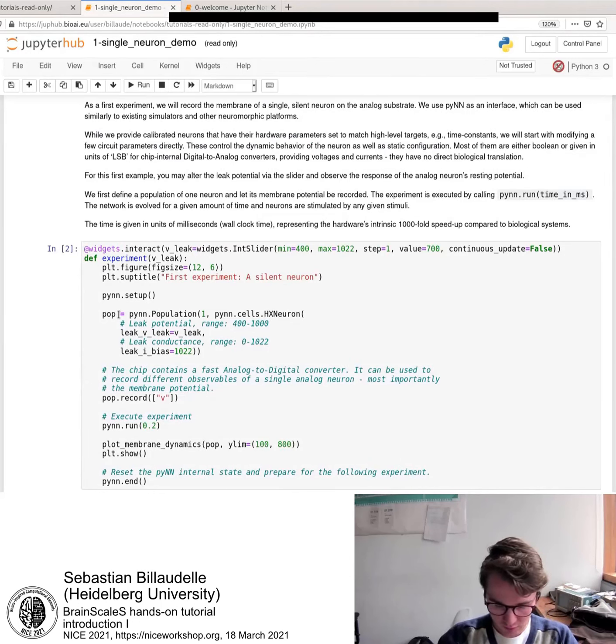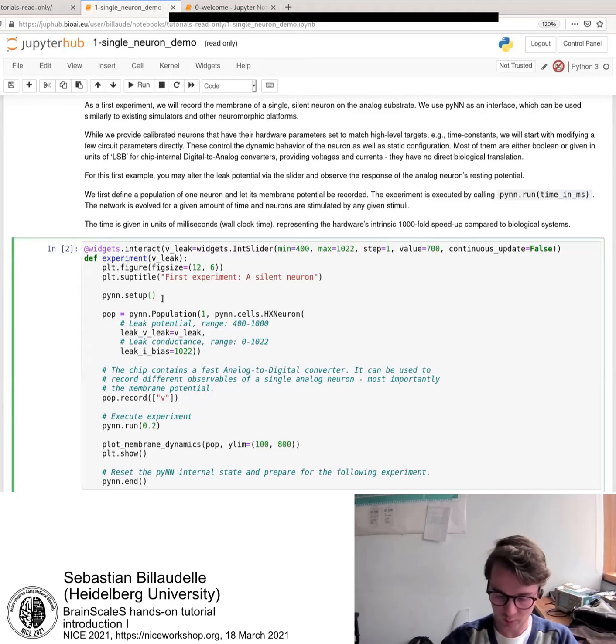So let's maybe start from this line. PyNN.setup tells PyNN that we are now ready to set up our network graph. We can inject some configuration already in this setup call, as you will see later, but at this point we just leave that blank. And then we define our network. In this case, our network is super trivial because it's just a single neuron.